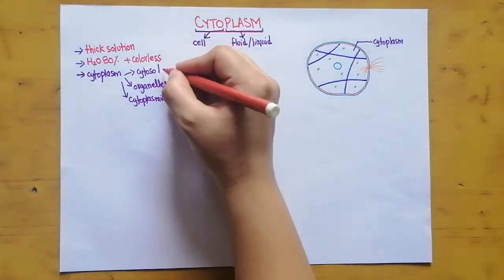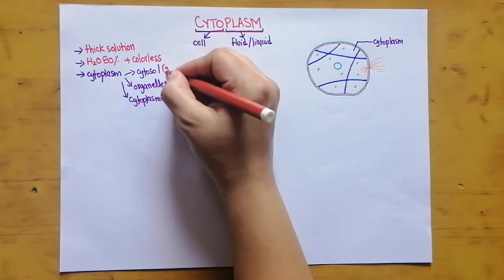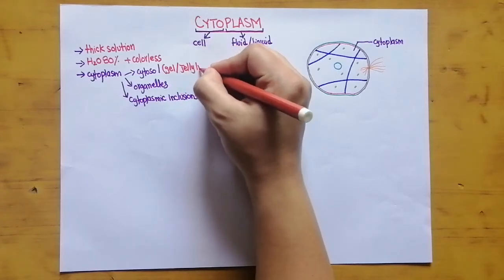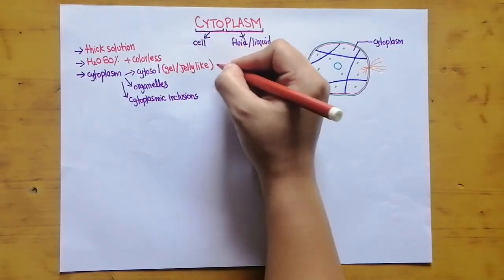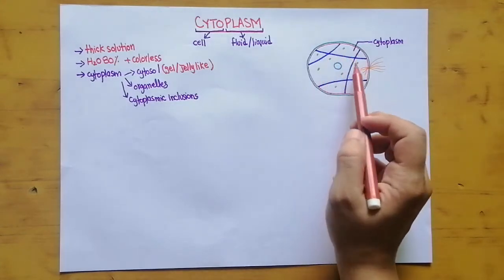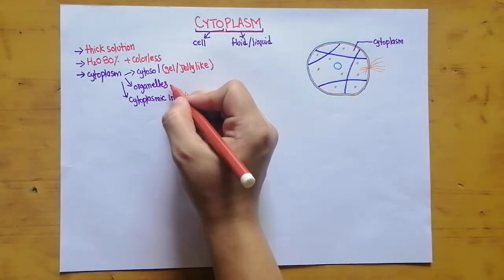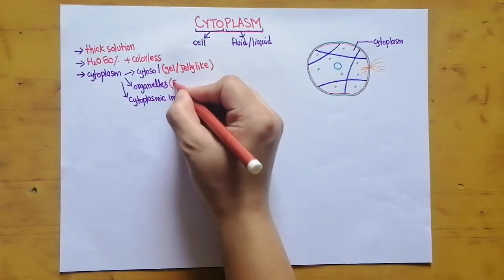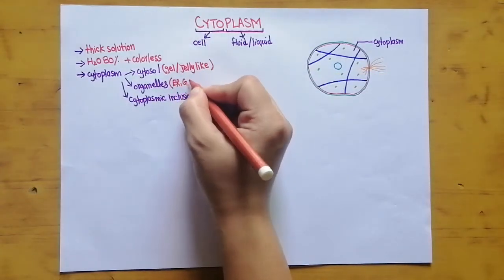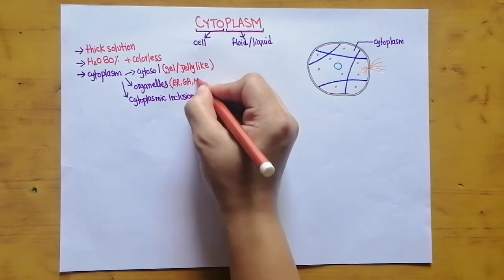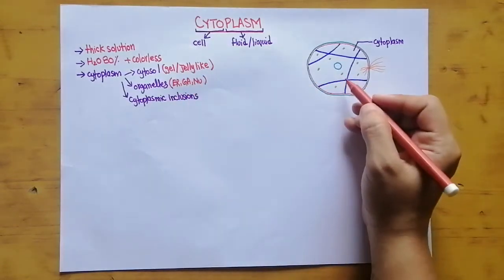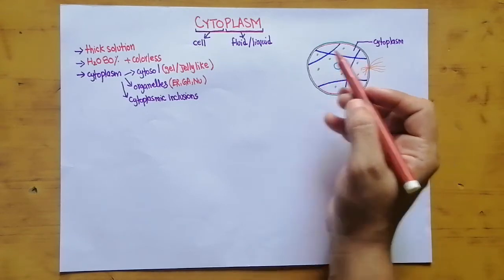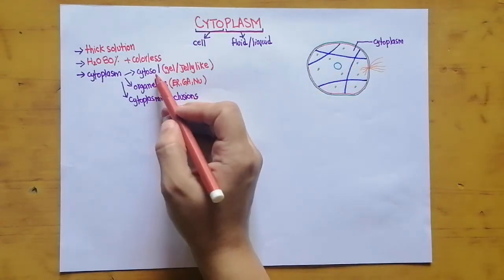The cytosol is actually the gel or jelly-like part which is present in the cytoplasm. The organelles are also present inside the cytoplasm. We know that endoplasmic reticulum, Golgi apparatus, nucleus, they all are present inside the cytoplasm. So all the parts where the organelles are not present are known as cytosol.